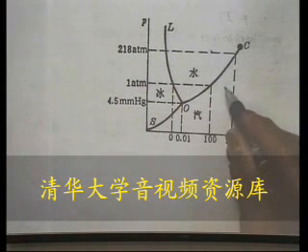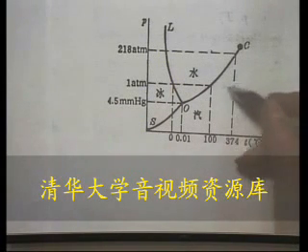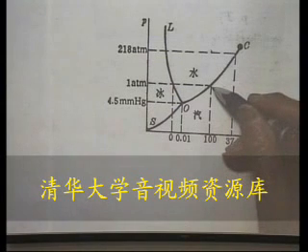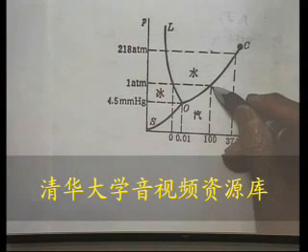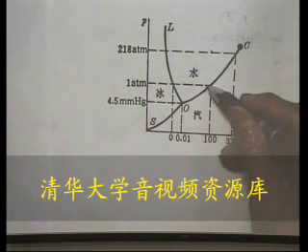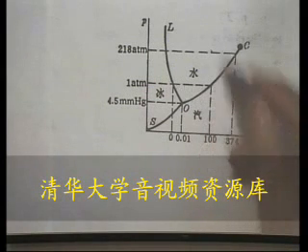So at this point, you have a vapor. Now you cool it. At this point, at 100 degrees, it condenses into water. If you further cool it, it will go into the phase of ice. So this is called a phase diagram.